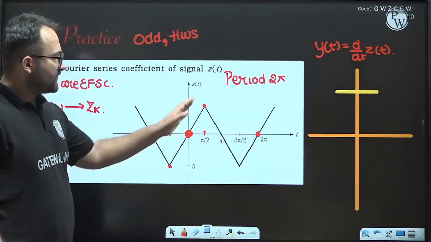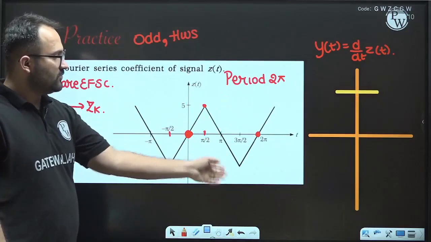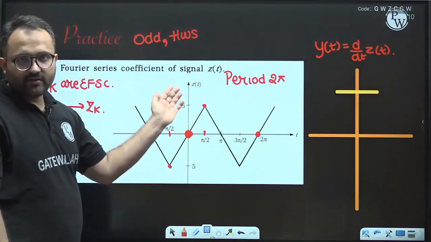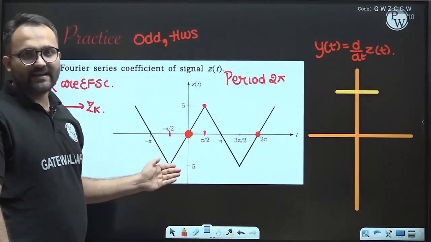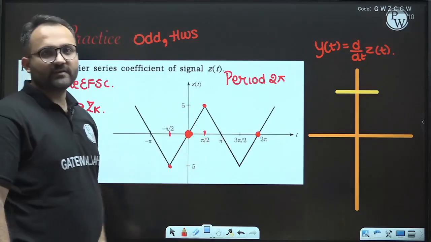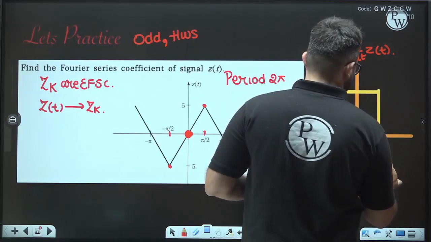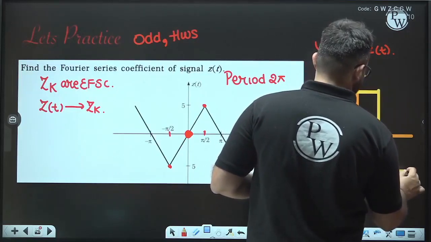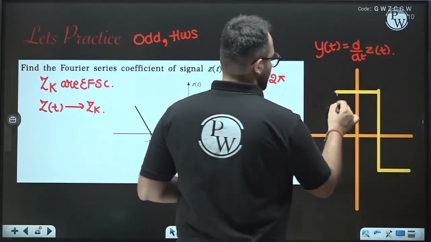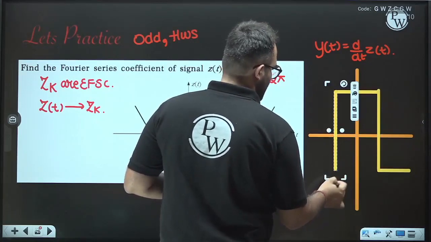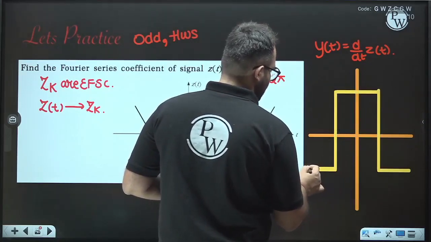Similarly, from pi by 2 to 3 pi by 2, it is going downwards. The height is 10, the distance is pi, so the slope is minus 10 upon pi.